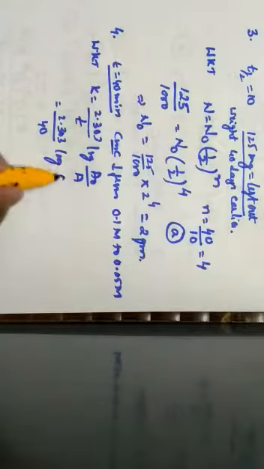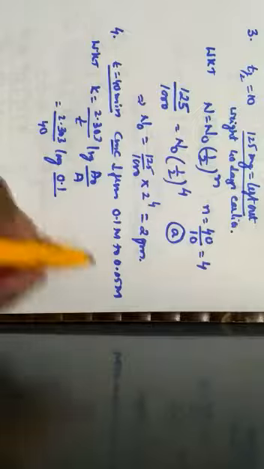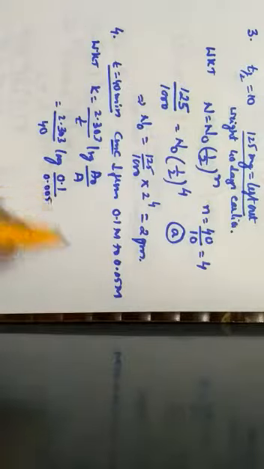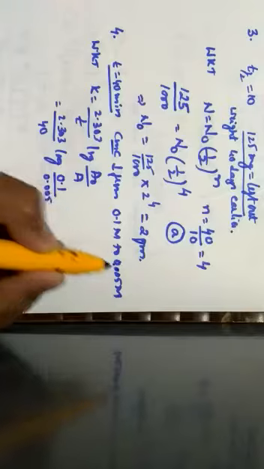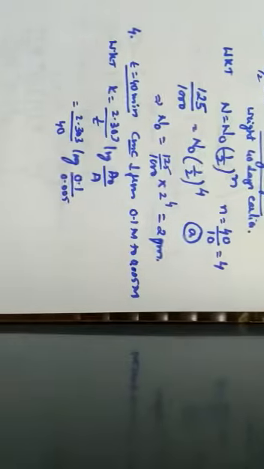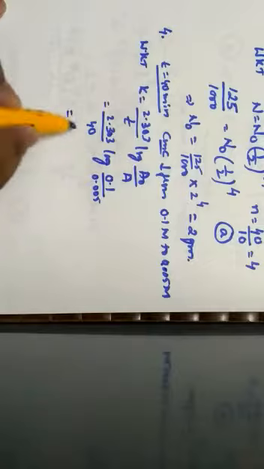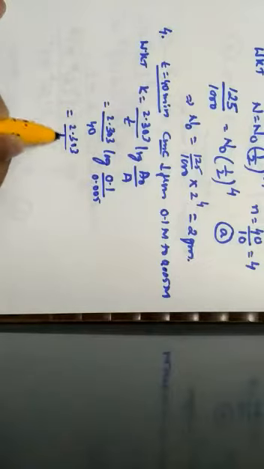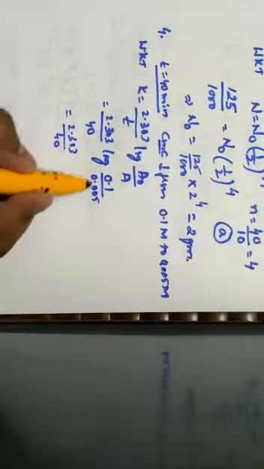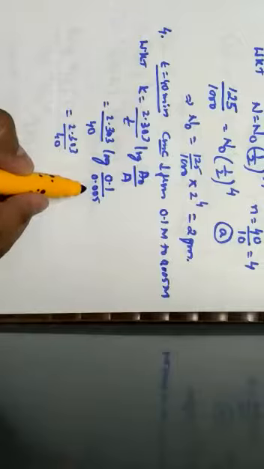The initial concentration is 0.1, and the final concentration, it has been reduced to 0.05. So it turns out to be 2.303 divided by 40 log of 0.1 divided by 0.05.